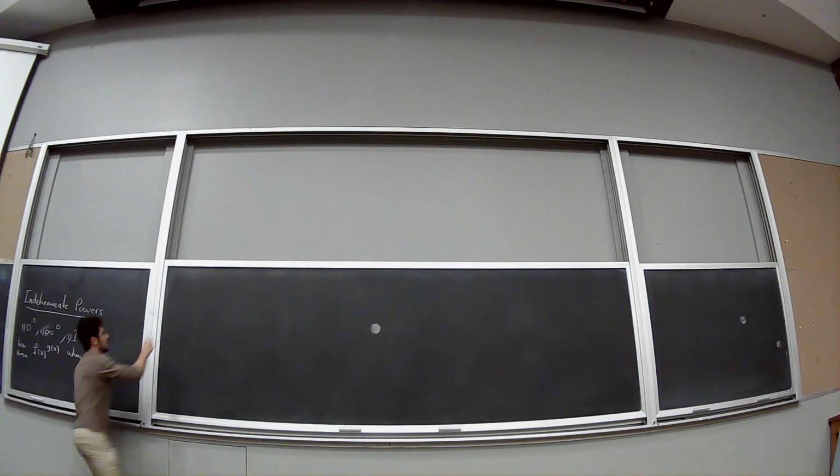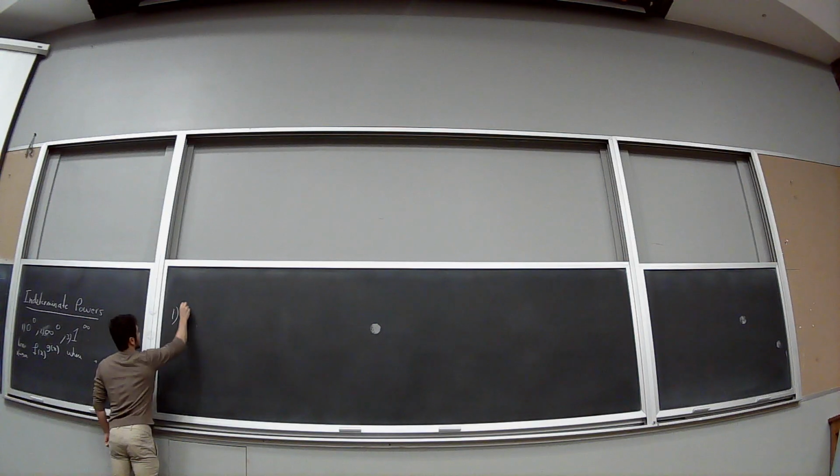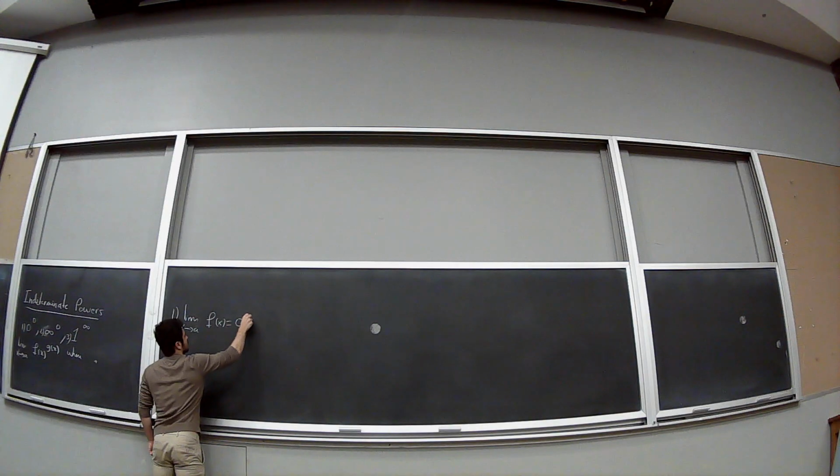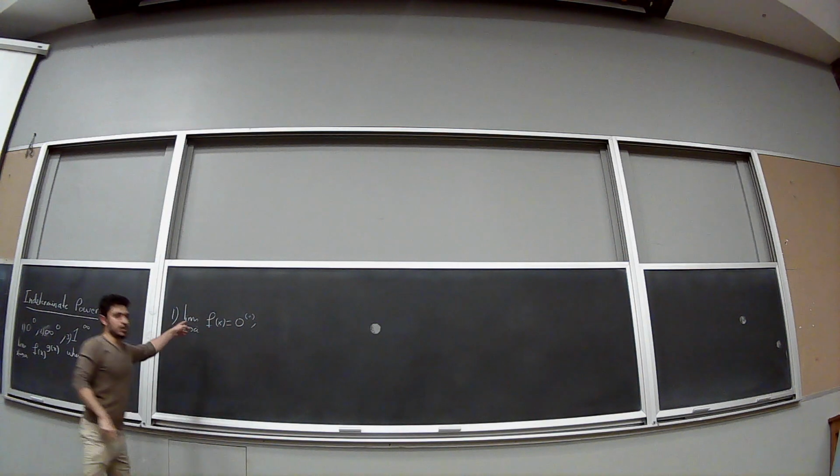Let's call this 1, 2, 3, where for 1, the limit as x goes to a of f of x is 0 while remaining positive.